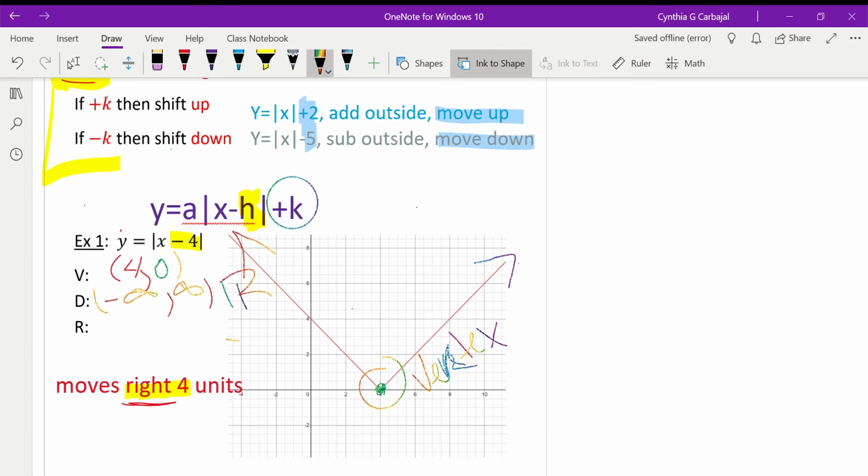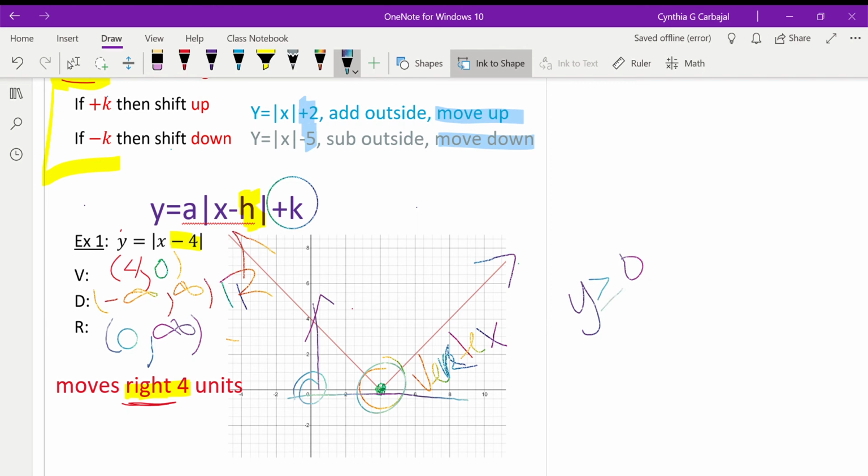Range is from bottom to top, so how low does this graph go? Focus on the y values. Most people want to say 4, but no, the y value is actually 0. And how high does it go? Well, it goes to arrow. So our range here is 0 to infinity. You can also just put y is greater than or equal to 0.